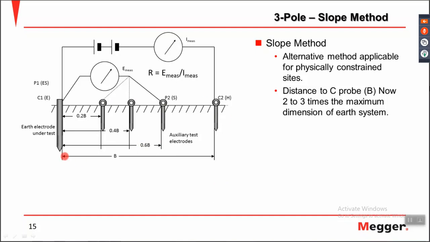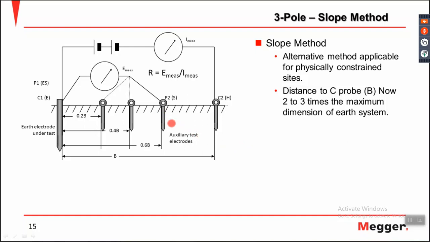As you know from the previous webinar, the rule of thumb distance for the C probe is 3 up to 5 times the size of the grounding system. So if you have a grounding system of maybe 2 meters square, you need to put the C probe far away, around 6 up to 10 meters from your grounding system.